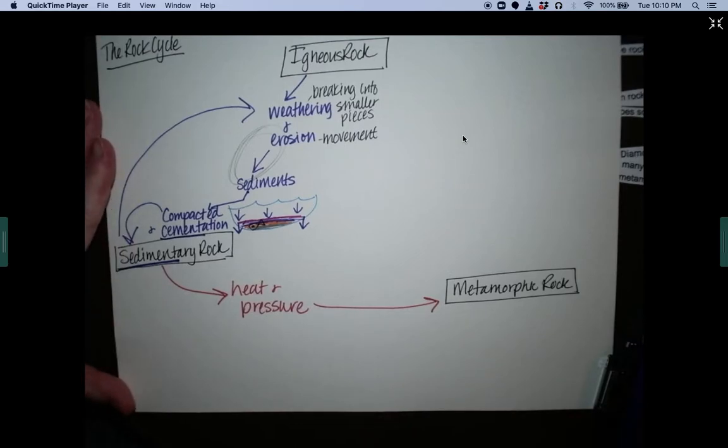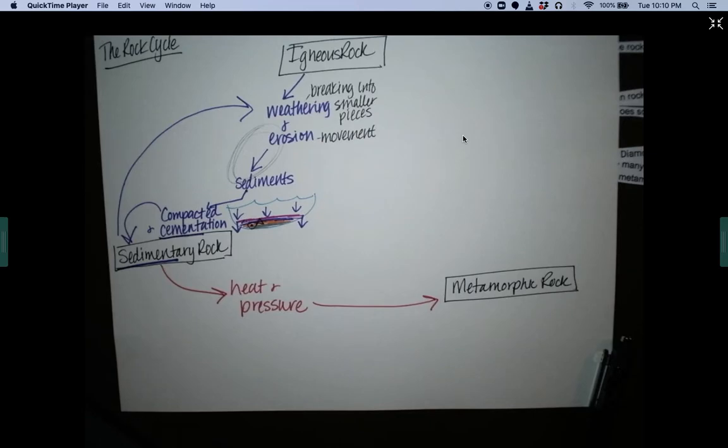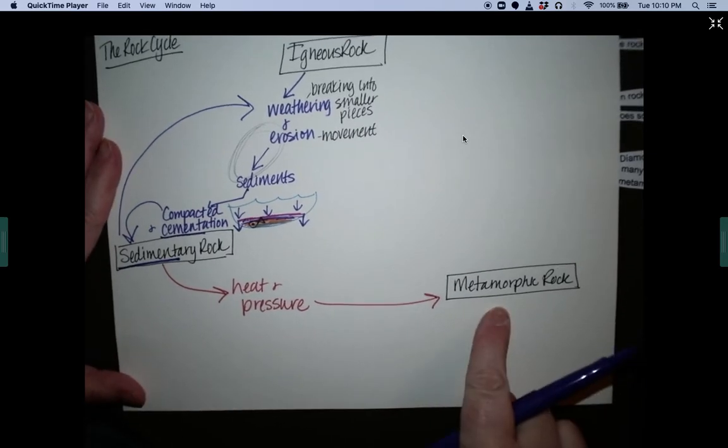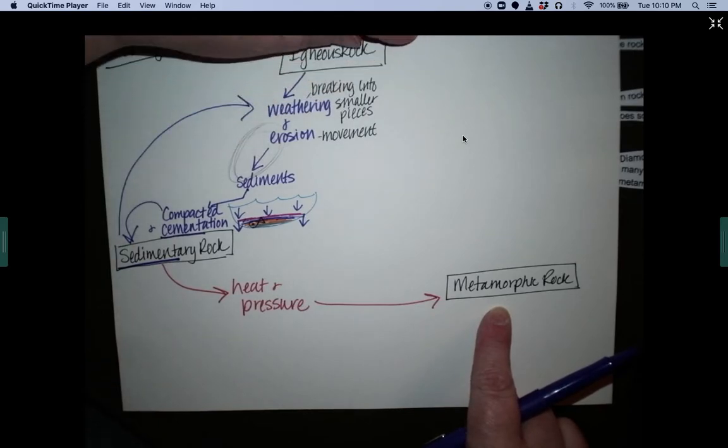Now, metamorphic rock, once it's exposed at the surface. We're not talking about metamorphic rock that's 200 miles down. We're talking about metamorphic rock that gets dug up, and you can't dig 200 miles down. They can dig maybe 30 or 40 miles down, usually not even that deep.